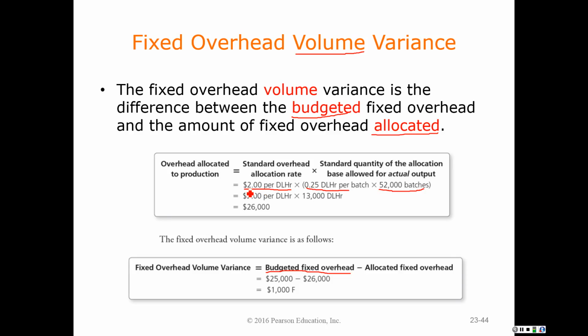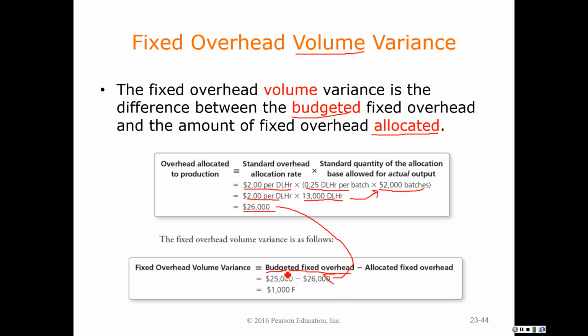So if it's $2 per direct labor hour, 0.25 hours for 52,000 batches means I incurred 13,000 direct labor hours this year. So as I incurred those direct labor hours to manufacture 52,000 batches, I was allocating overhead at a rate of $2 per direct labor hour. So I allocated $26,000 worth of overhead.